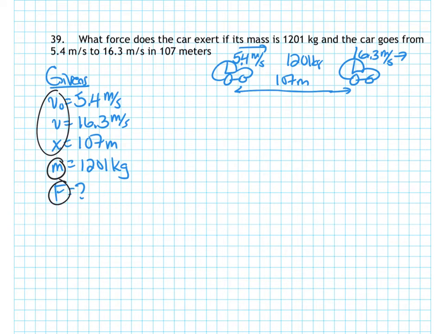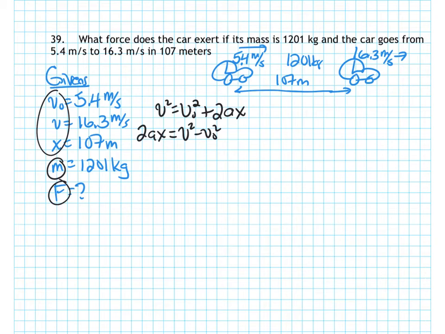So let's start with kinematics. V squared equals v naught squared plus 2ax. All right, I'm looking for the acceleration, so I'm going to isolate the unknown. I'm going to subtract v naught squared from both sides, leaving 2ax.